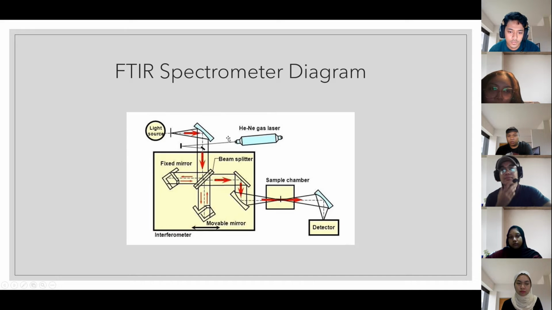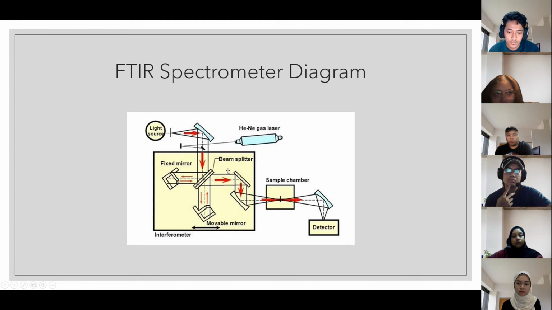The position of the movable mirror is controlled by a laser. Between these two mirrors is a beam splitter at 45 degrees from the initial position of the movable mirror. A parallel beam of radiation from the IR source is passed on to the mirrors through the beam splitter.